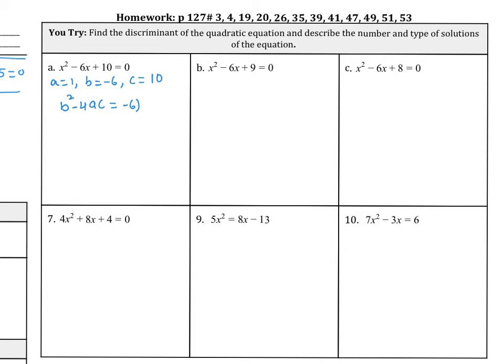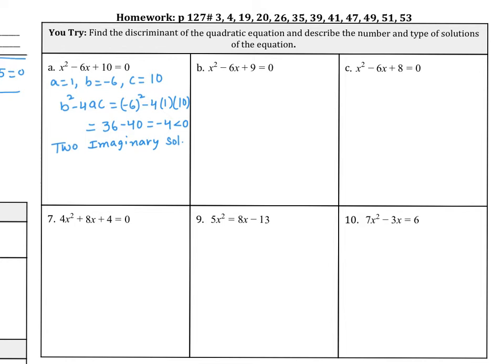In this case, it's going to be negative 6 squared minus 4 times 1 times 10. So you're going to get 36 minus 40, that is negative 4. So b squared minus 4ac is less than 0. It means that you're going to have two imaginary solutions.